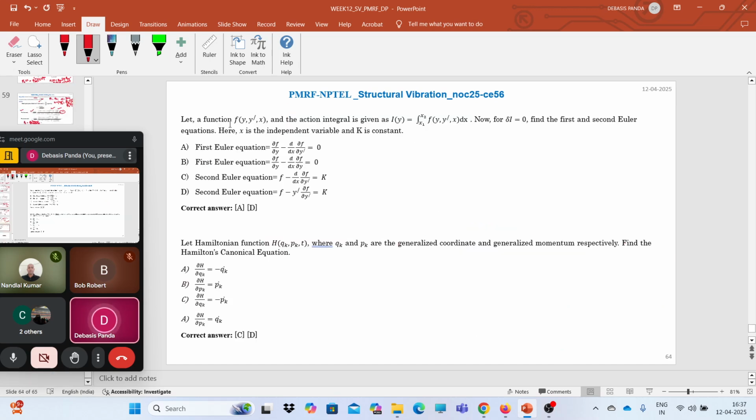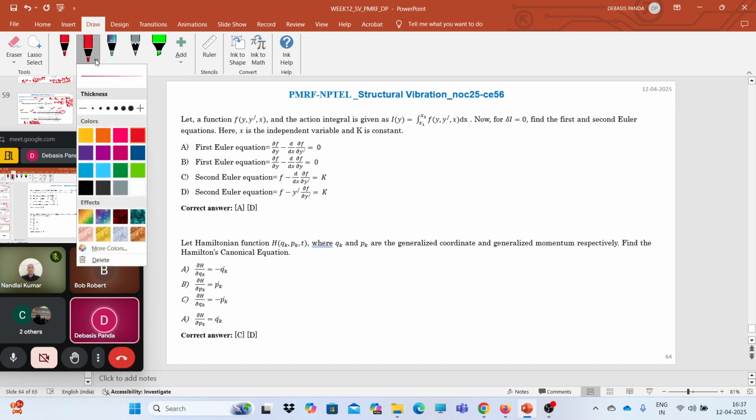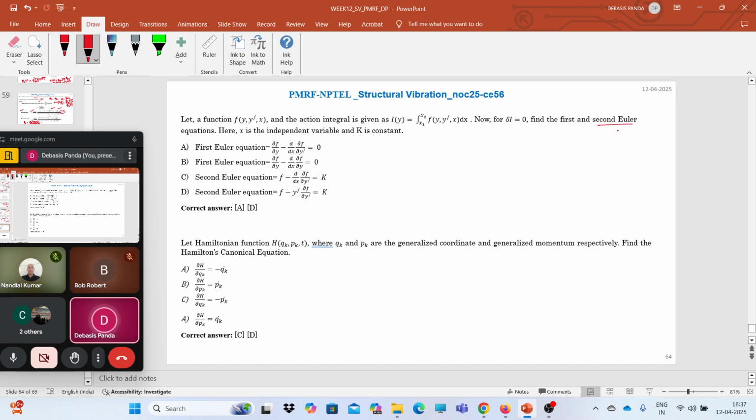Here also, let's say a function is given. Similar kinds of problems are already given in your assignments, and these kinds of MCQs will be there in your exam. Like the integral form of the function is given. Now for the first Euler equation, what is the value? You just need to recall it.